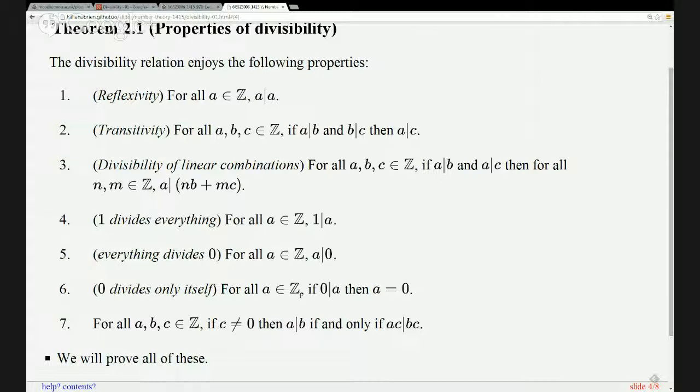Every a divides 0, and if you have a statement 0 divides a, the only way that can be true is if the other thing a is also 0. Okay, we'll prove that. Lastly, and here you're getting towards something suggesting prime numbers, we're linking the relation to the operation of multiplication.